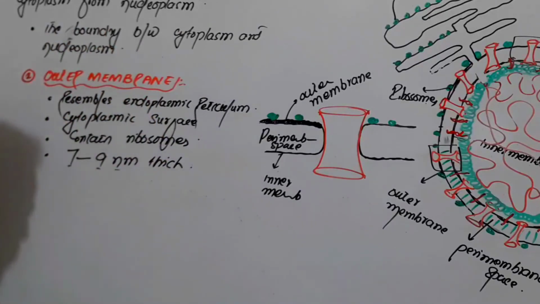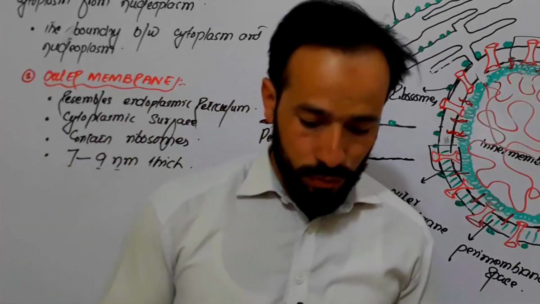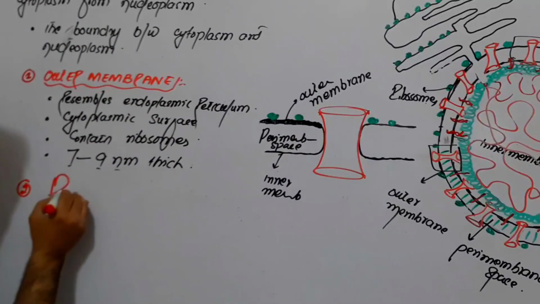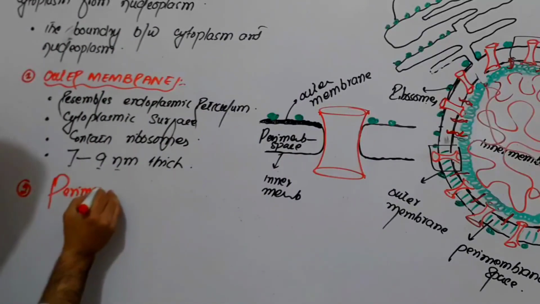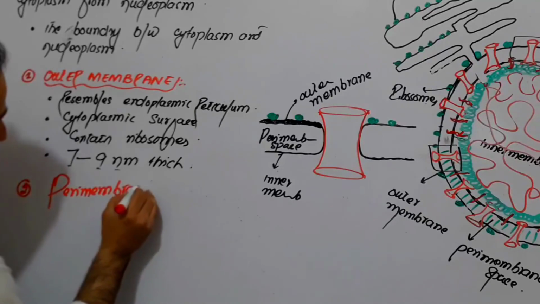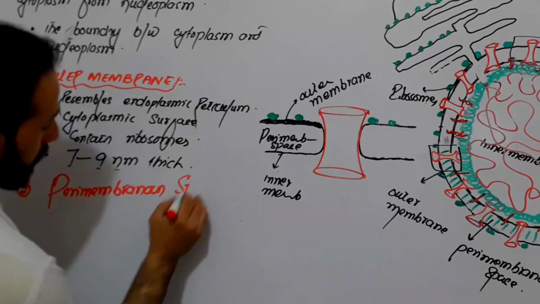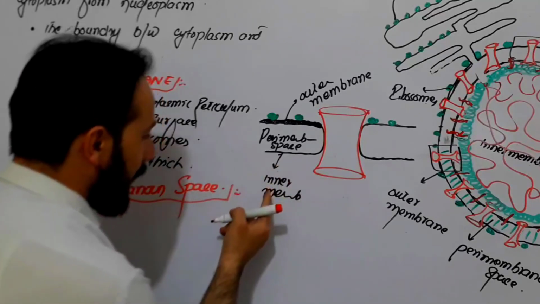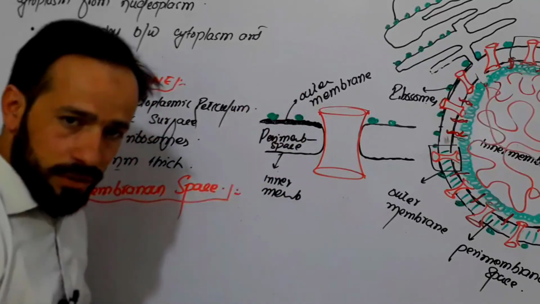Then let's move towards the inner membrane, or rather the perimembranous space. Number 2, perimembranous space. It is the space between the inner nuclear membrane and the outer nuclear membrane.